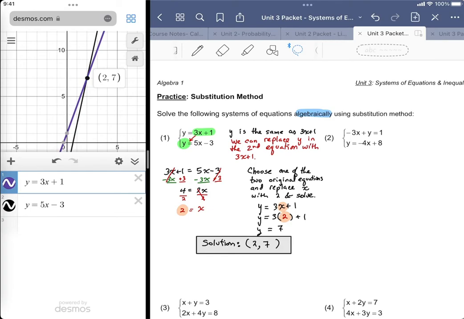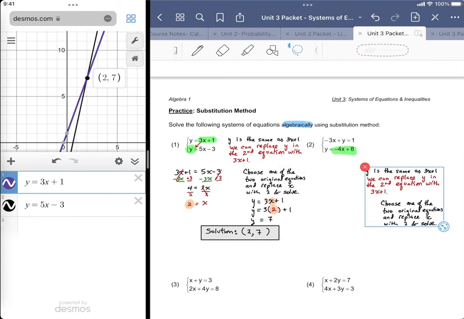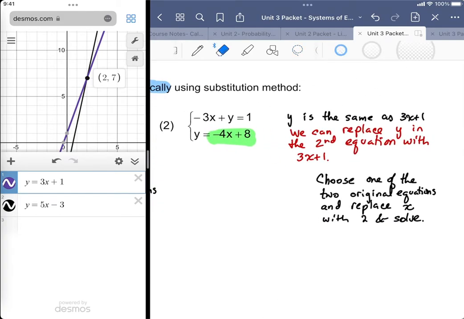Here we want to substitute from one equation into the other, but it would make the most sense to say that y is the same as negative 4x plus 8, because we have that nice relationship written right in front of us. So y is the same as negative 4x plus 8. So we can replace the y in this case, the first equation.